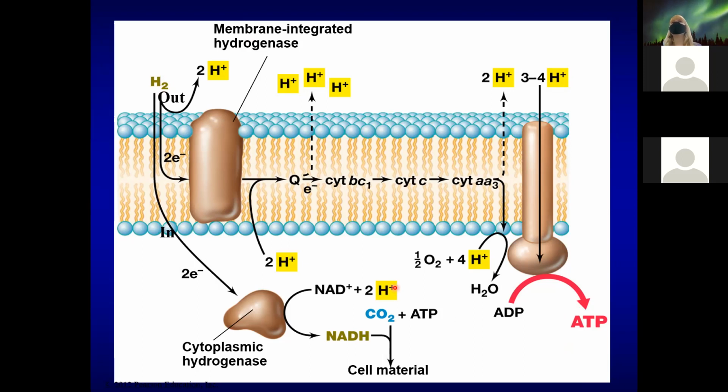Here you see CO2, so this particular microbe, even though it's stripping electrons off of this inorganic hydrogen gas, it's able to take in CO2 and run reactions where they just say cell material. So usually it turns into a sugar first, like glucose or something like that, and then it can take that and run with it and make other necessary products it needs to build its cell, repair any damage, whatever.